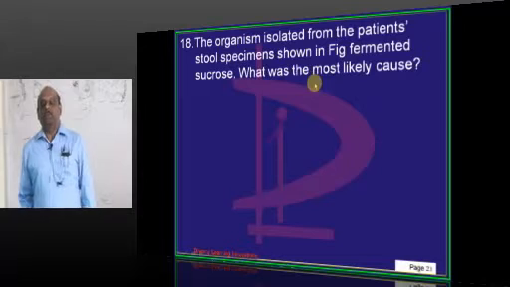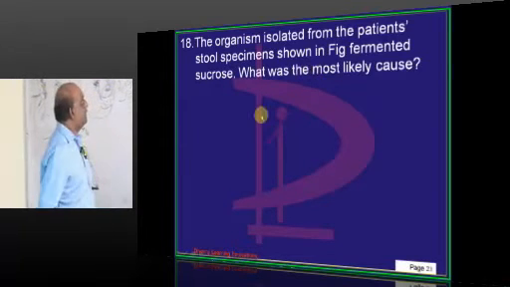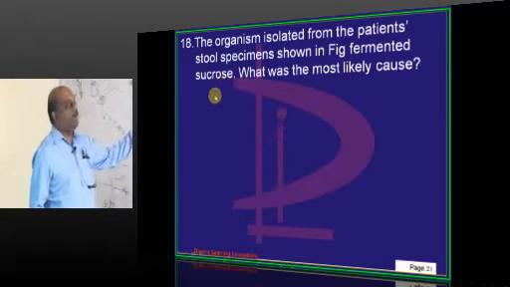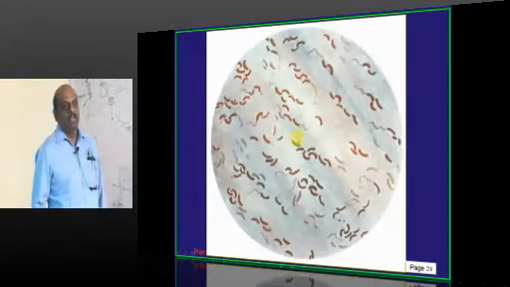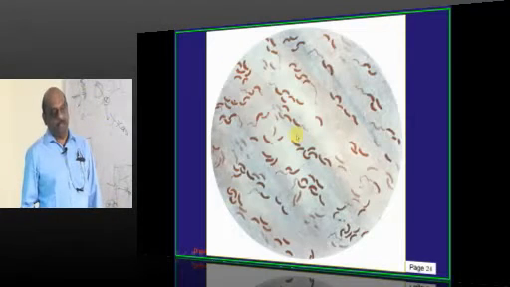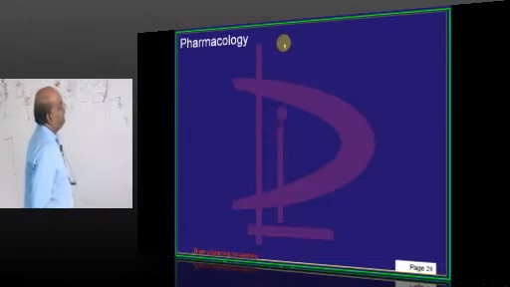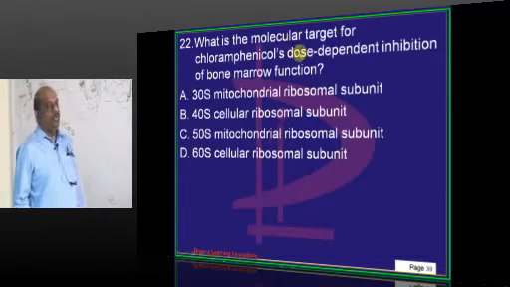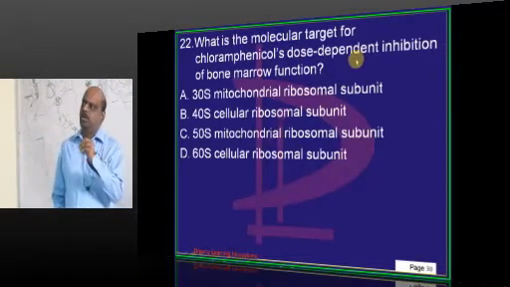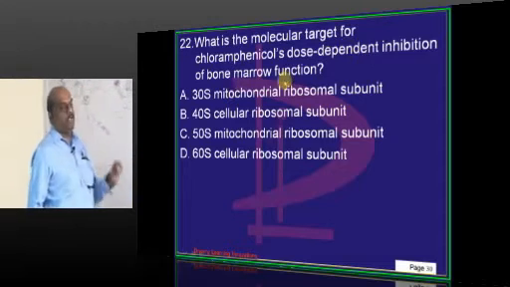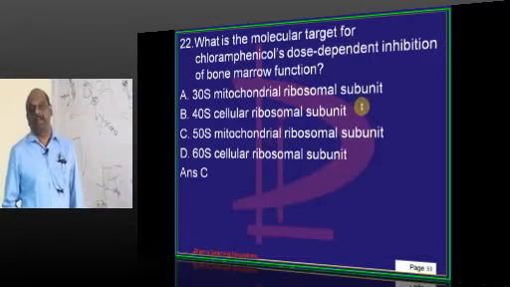Now, from the stool sample, the organism which has fermented sucrose and is comma shaped is fundamentally Vibrio cholerae, is what needs to be remembered. Then for chloramphenicol, dose dependent inhibition of the bone marrow, why does it occur?